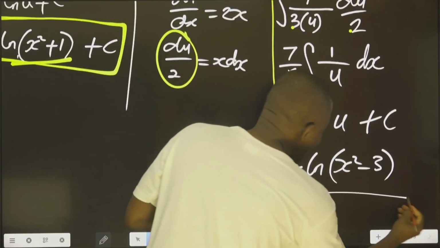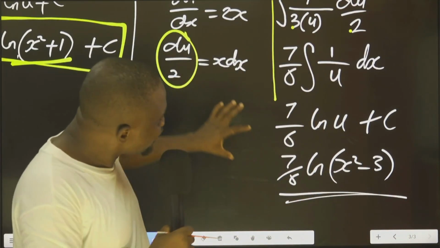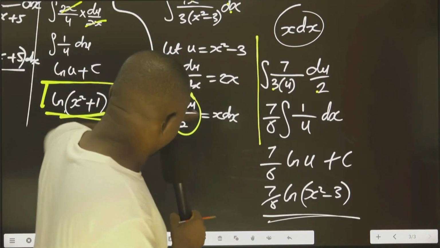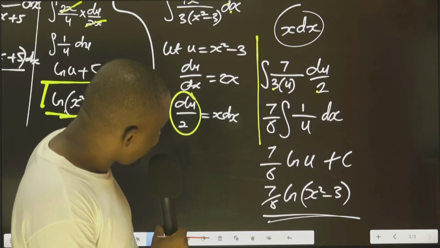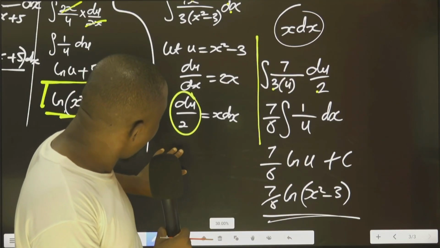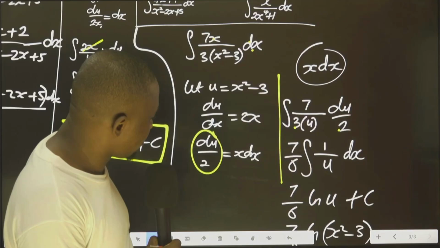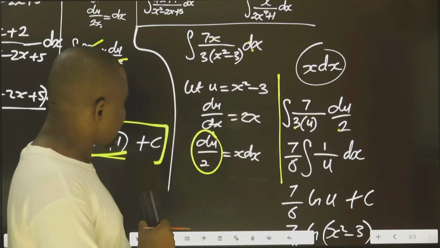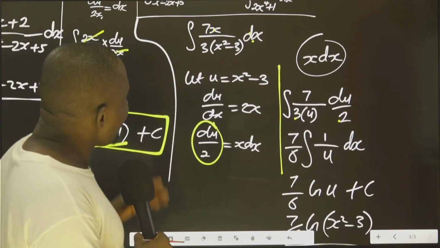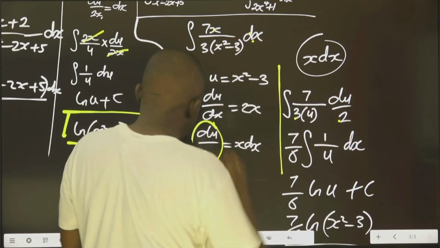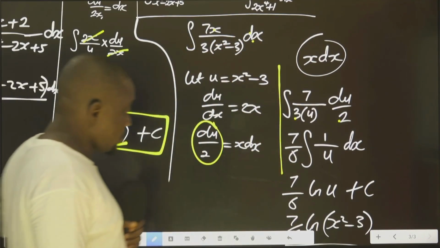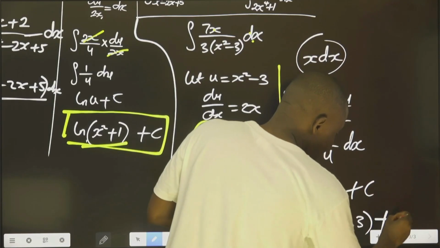The next question you are asking me is, why did you manipulate it the way you manipulated the first one? Just go straight to the answer. We can do it. Let me show you how I will do it if I don't want to follow this process. I will first of all say, what is the integration of this? Remember to put plus c.